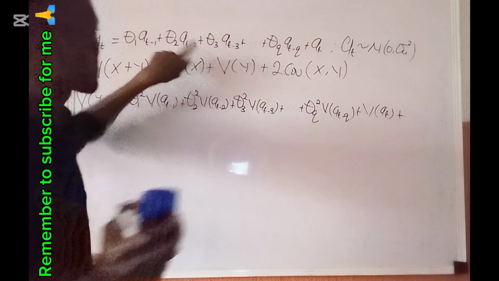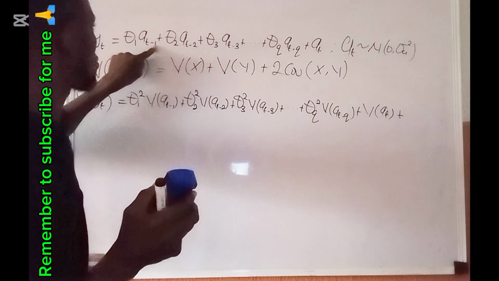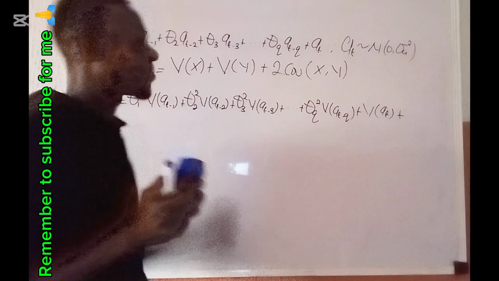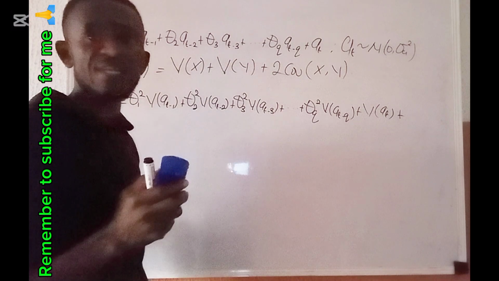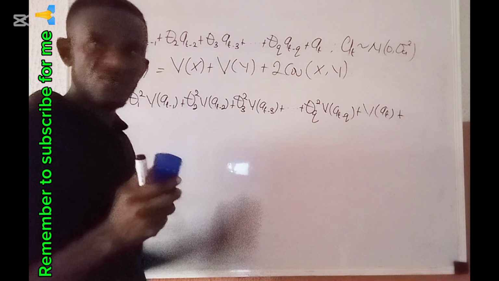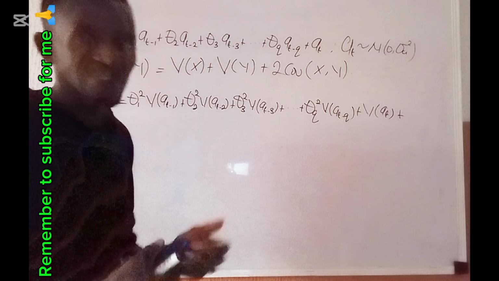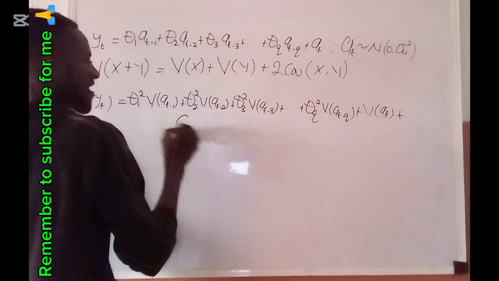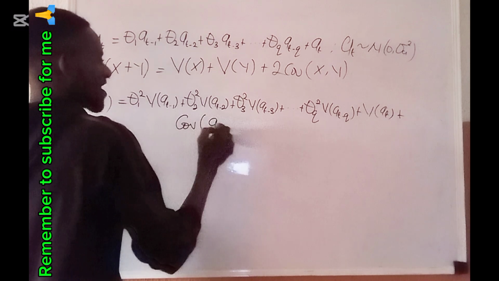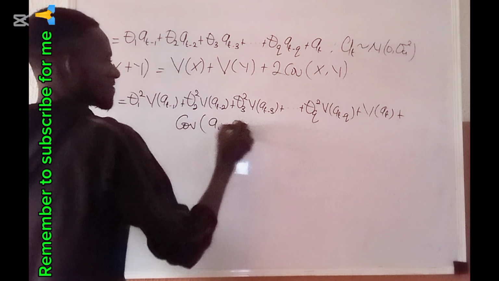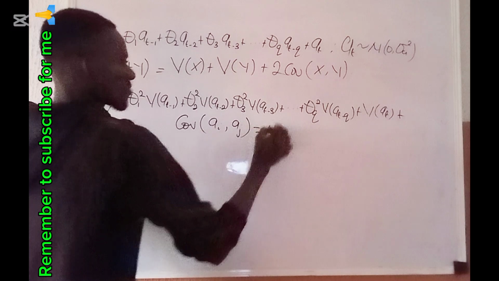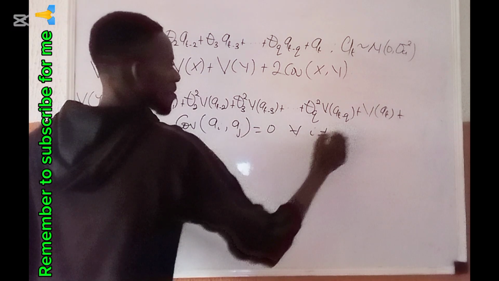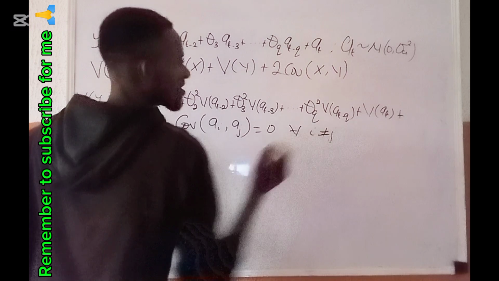But we should note that A of t minus 1 and A of t minus 2 are uncorrelated, so their covariance will exactly give us 0. In fact, it is better I remind you that the covariance of A i comma A j is equal to 0 for i not equal to j. I think it's better we give this expression.